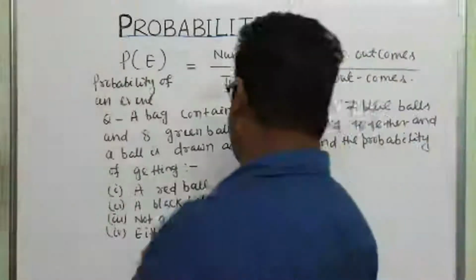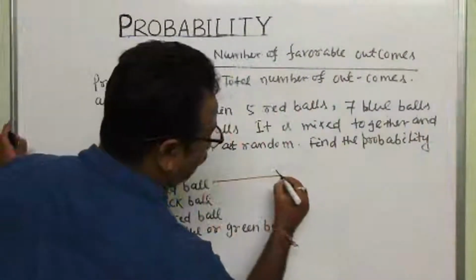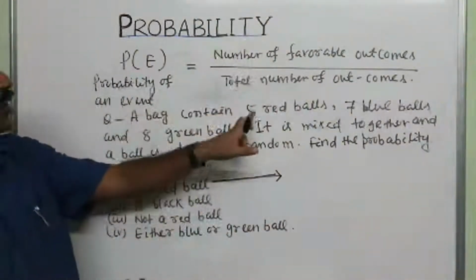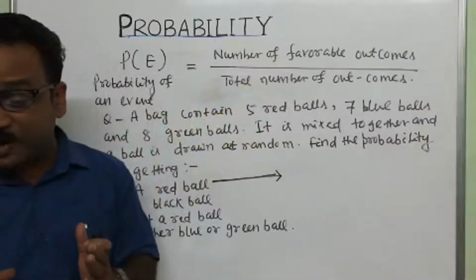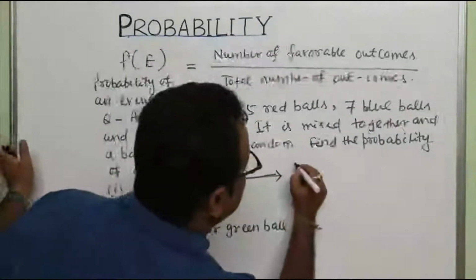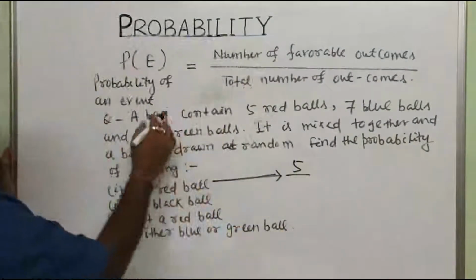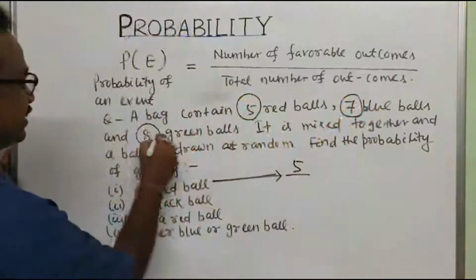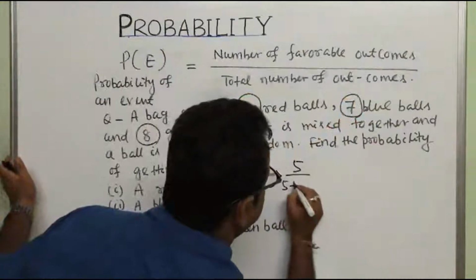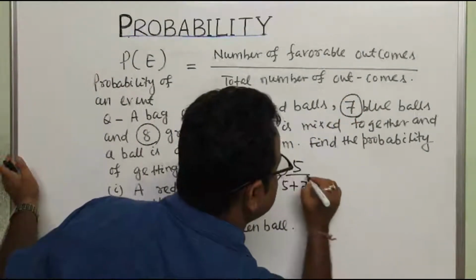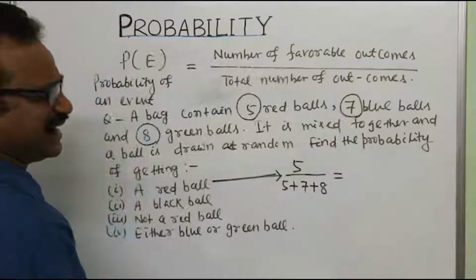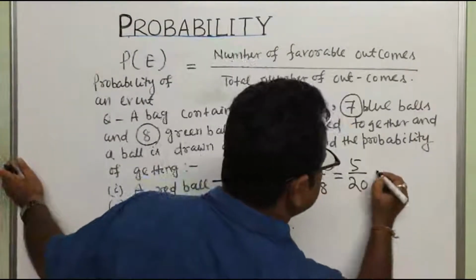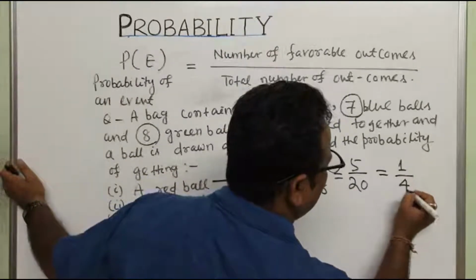What is the probability of getting a red ball? Favorable outcomes: red ball, P(E). Number of favorable outcomes: how many red balls? Yes, 5 red balls. Total how many balls? 5, 7, 8. So 5 plus 7 plus 8 is 20, and initially we can add it. So 5 by 20 is equal to 1 by 4.